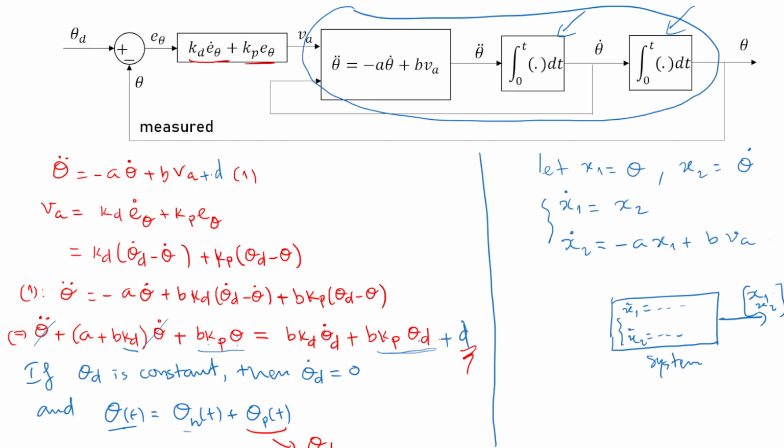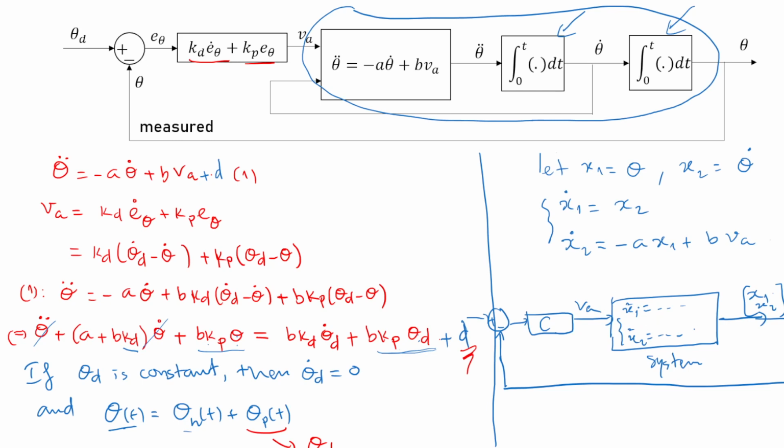But h1 is theta, so you want to extract only h1, and this one you don't need. You need h1 for the feedback, and the input is va. And this is the controller. So the whole system here is illustrated by this block.